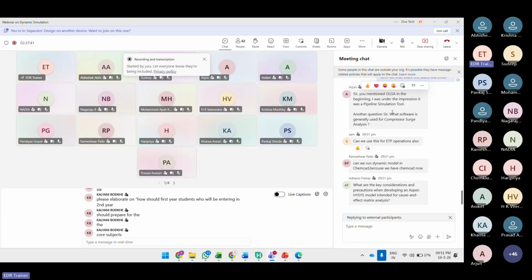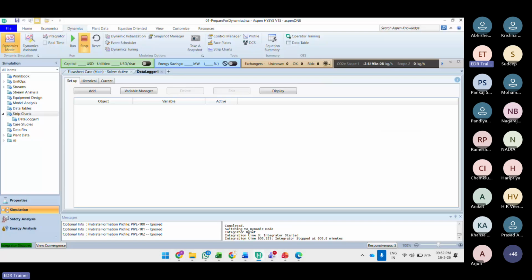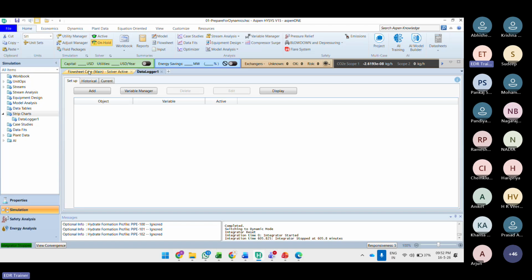HYSYS has a capability where you integrate Olga into a process simulation in HYSYS. I'll just show it rather than talking about it. Just a minute, function F4.